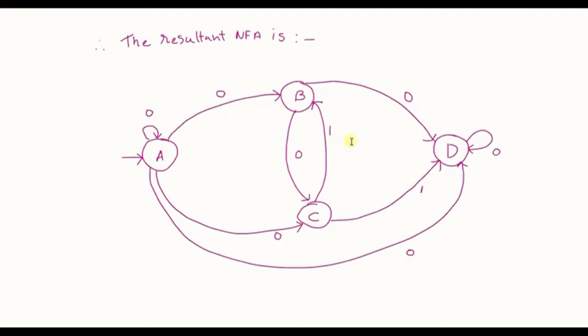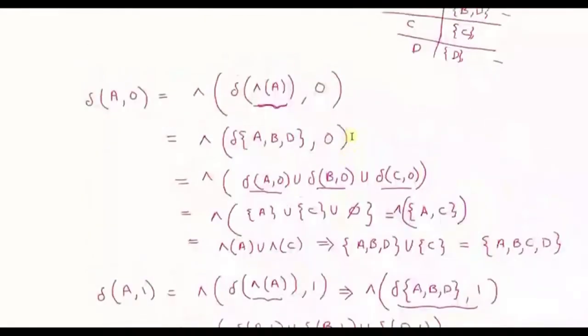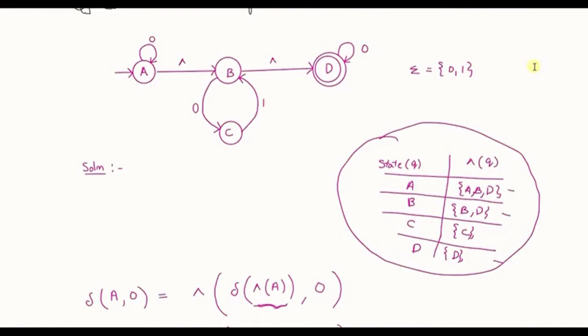As I was saying, you go to the closure of a state table. This is the table that we had drawn to find the closure of each state. Now first you see what is the final state of the given ENFA or null NFA. D was the final state of the given null NFA.